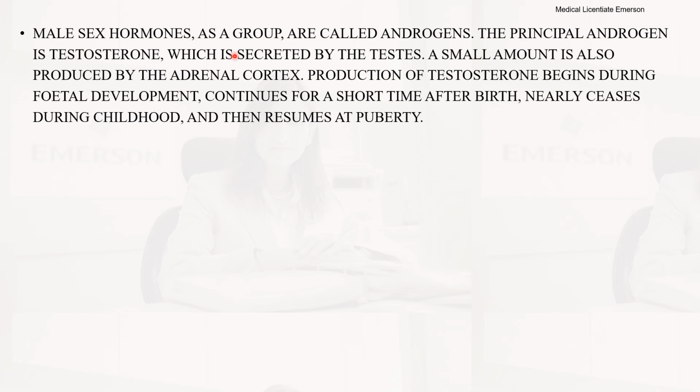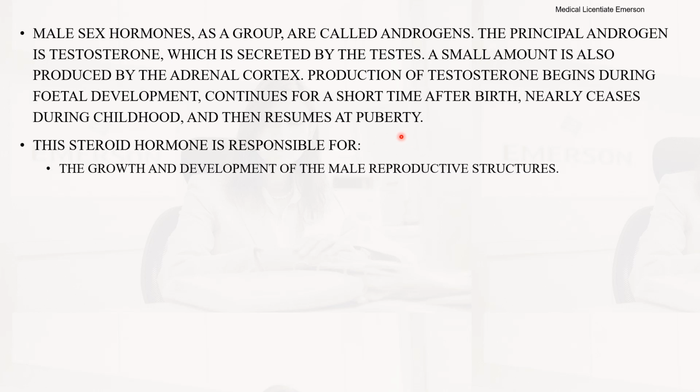Then the male sex hormones as a group are called androgens. The principal androgen is testosterone, which is secreted by the testes. A small amount is also produced by the adrenal cortex, and the production of testosterone begins during fetal development, continues for a short time after birth, then nearly ceases during childhood, and then resumes at puberty.